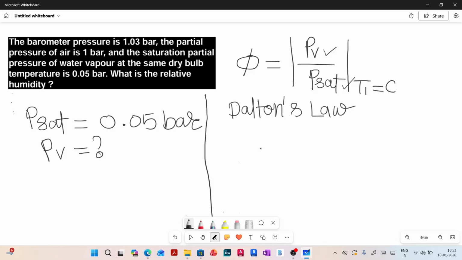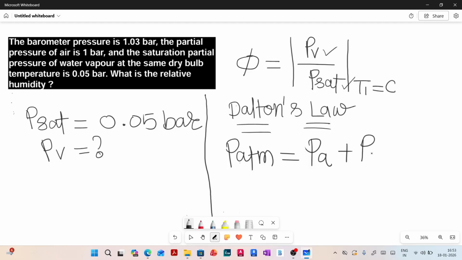To determine PV, we can use Dalton's law of partial pressure, which says the atmospheric pressure or the barometric pressure is equal to partial pressure of dry air plus the partial pressure of water vapor. So the barometric pressure is given to us. The partial pressure of dry air is given to us. So from this we can calculate PV.